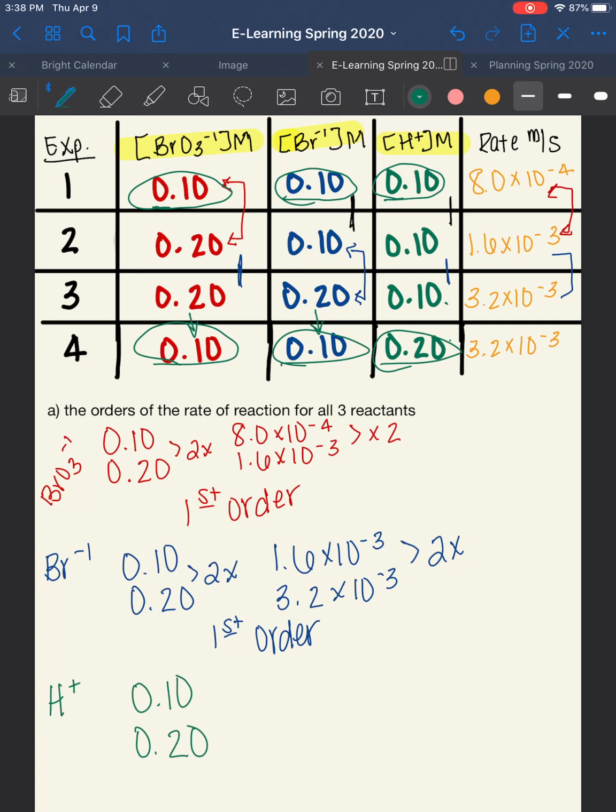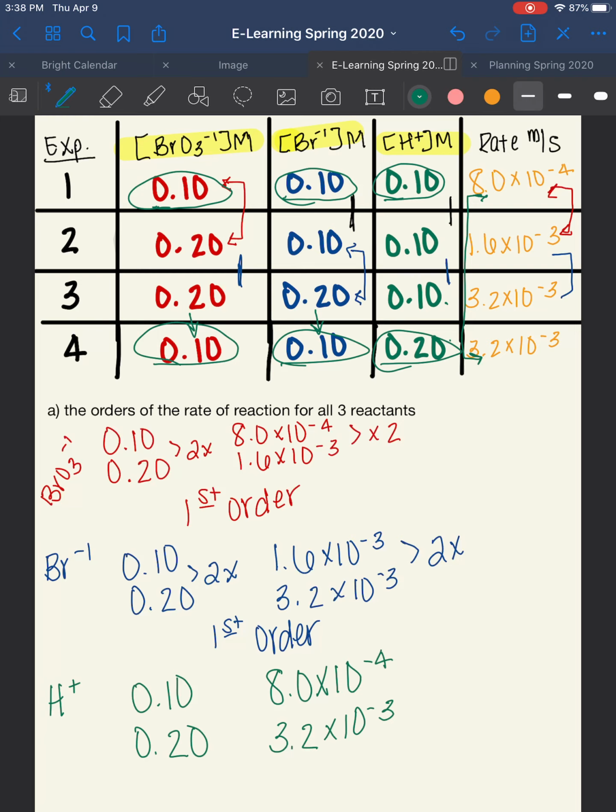Okay, so then I'm also going to be comparing the rates during that time: the rate for experiment 1 compared to the rate for experiment 4. For experiment 1, my rate is 8.0 times 10 to the negative 4. And the rate for experiment 4 is 3.2 times 10 to the negative 3.